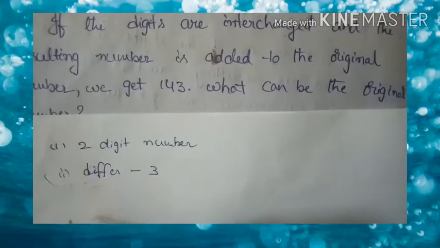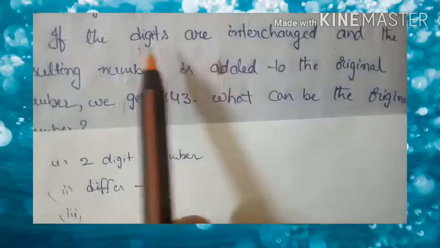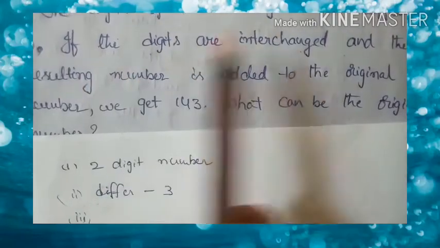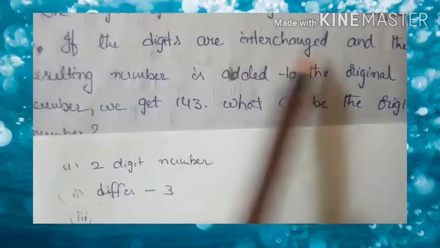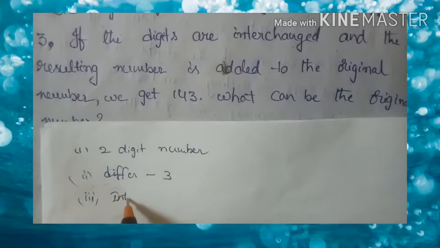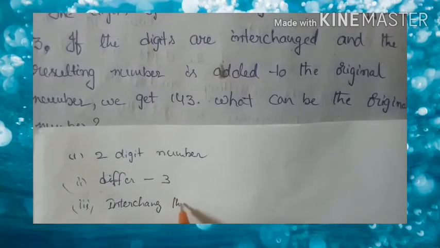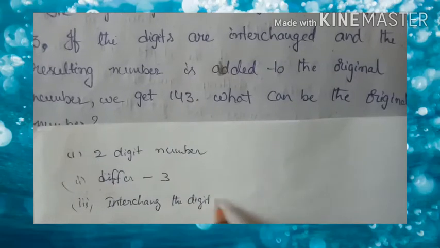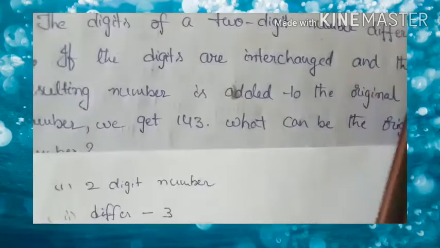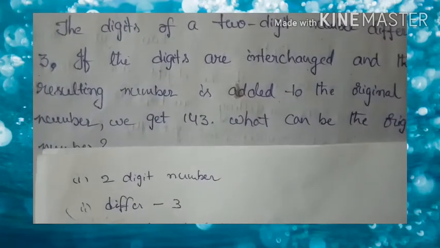Next, third condition: the digits are interchanged, the resulting number. Third one, interchange the digits. Okay, next, the resulting number, that means if you interchange the digits, then you will get one number.